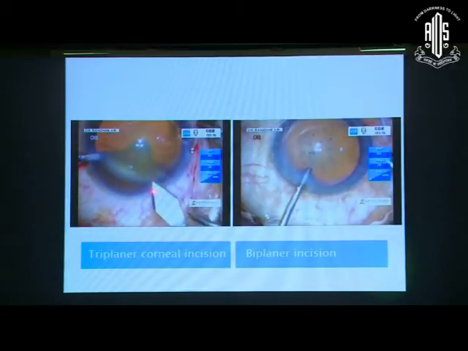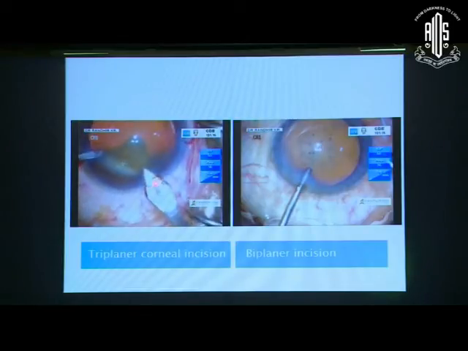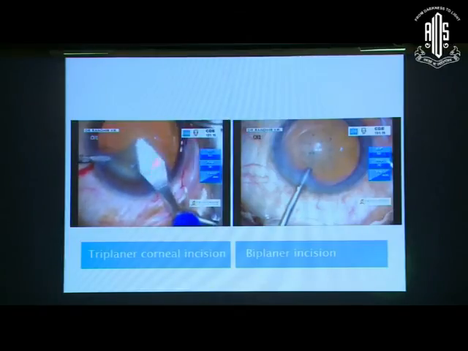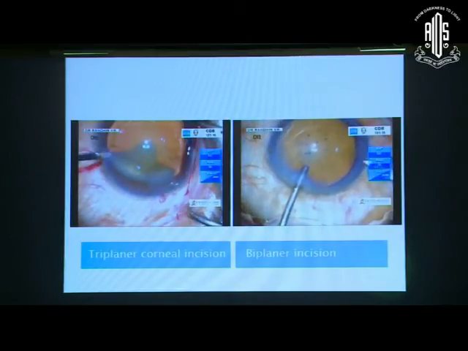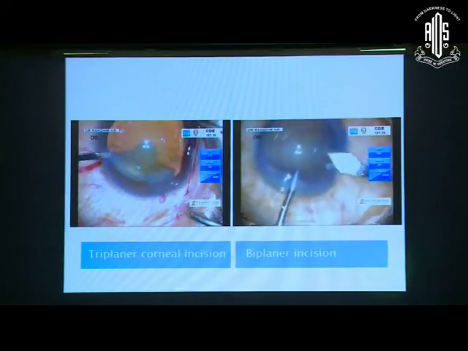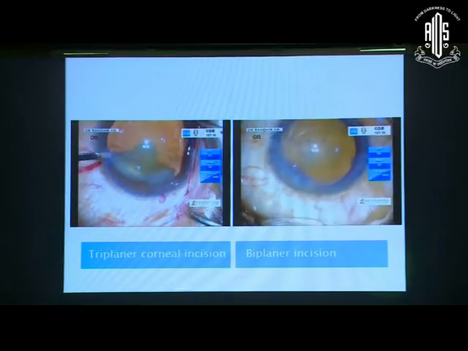This is the second plane you are entering. When you reach the desired breadth, you have to depress it, forming a dimple. This shows how a triplanar incision is made. The most commonly performed incision is the one on the right side, called a stab incision or biplanar incision.